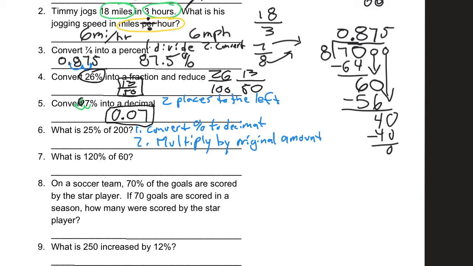So, if I'm converting percent to decimal, I go 2 to the left. What do I get? 0.25 times the original amount, 200. So 0.25, and I'm going to multiply that by 200. Let me start erasing some of this stuff.